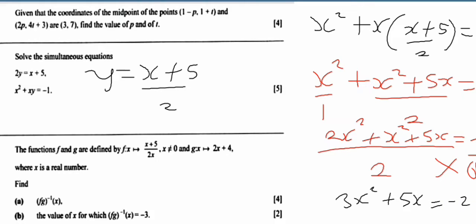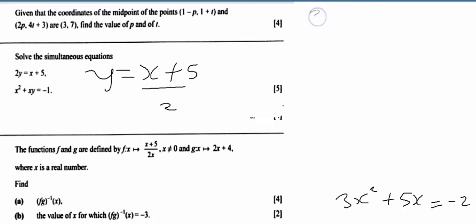Then after that, I'm going to make this equation to the layout of the quadratic equation. So negative 2 is going to cross the equal sign, and then it is going to change to positive 2. So we are going to have 3x to the power 2 plus 5x plus 2 being equal to 0.